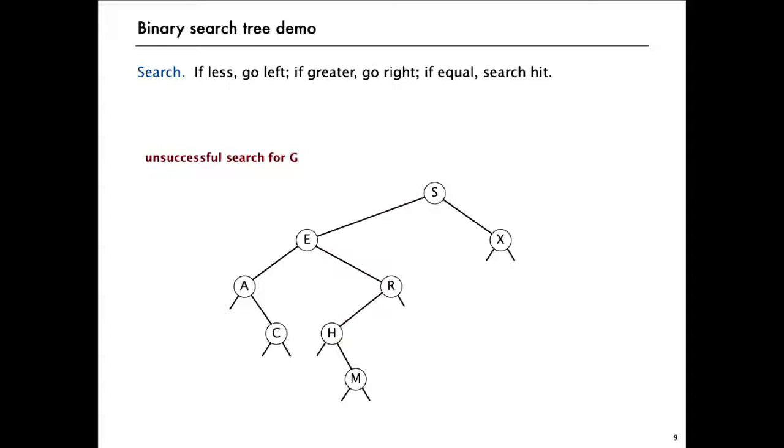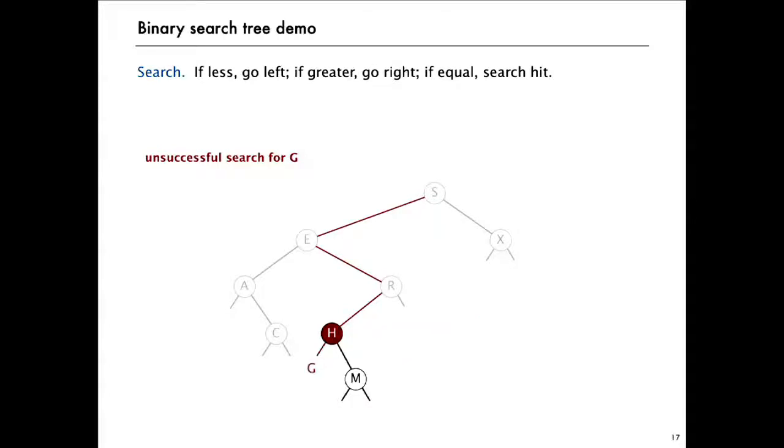What about an unsuccessful search? Well, the same rules follow. If it's in the tree, it's got to be to the left or right, according to whether it's smaller or larger than the key at the root. In this case, if we're searching for G, it's got to go left because it's less than S. We come against the E, we've got to go right because it's bigger than E. Against the R, we have to go left because it's less than R. We come against the H, we have to go left, and then we come off a null link.